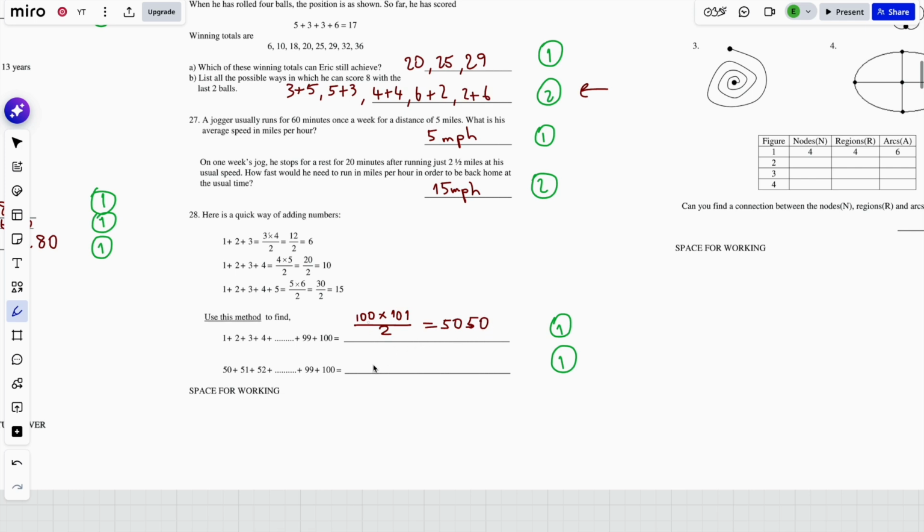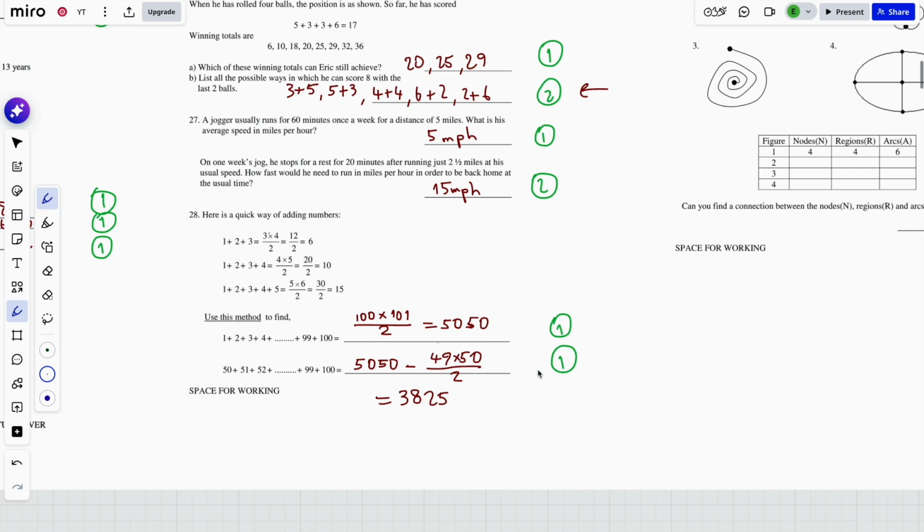And in part B, what you want to do is start with the 5050 you worked out in the first part and take away the sum up to 49 terms. So 49 times 50 divided by 2. And if you work this out, you end up with 3,825.